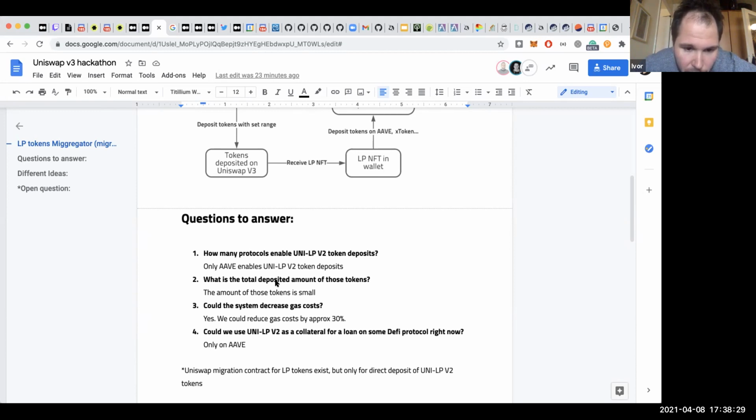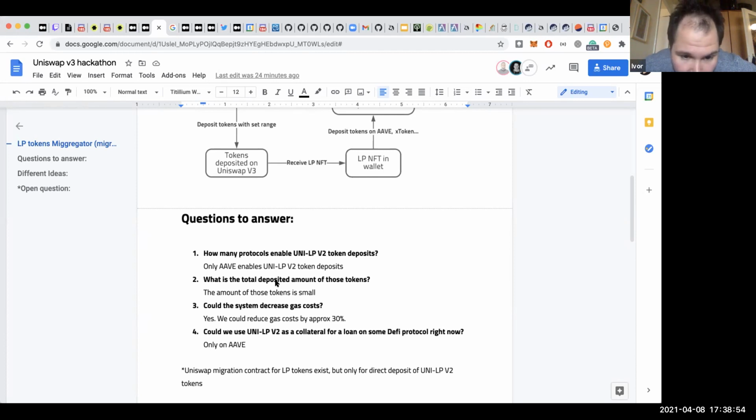Then we tried to figure out, will this tool provide smaller gas costs to people? Because, for example, you can batch together a number of users and move their liquidity together. But because of the range of the NFTs that are custom for any user, it wouldn't help.